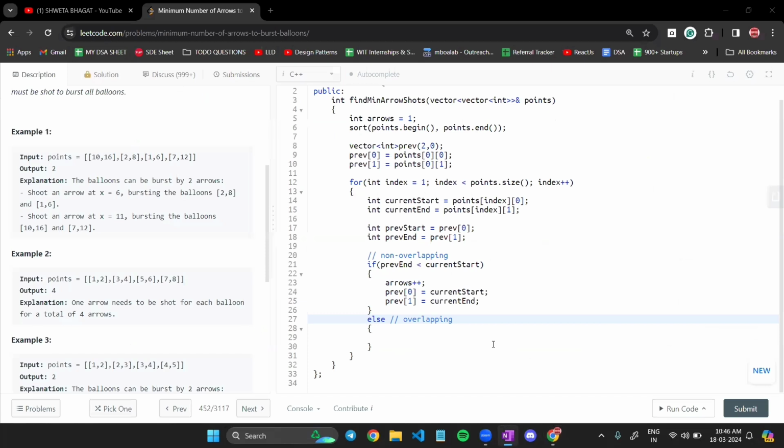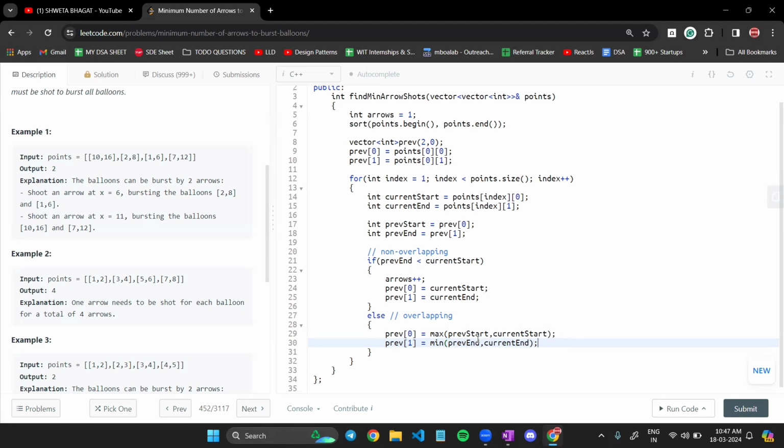So previous[0] would be the maximum of the previous start and the current start, correct? And the previous end would be the minimum of the previous end and the current end, correct? So here we have successfully updated the previous.